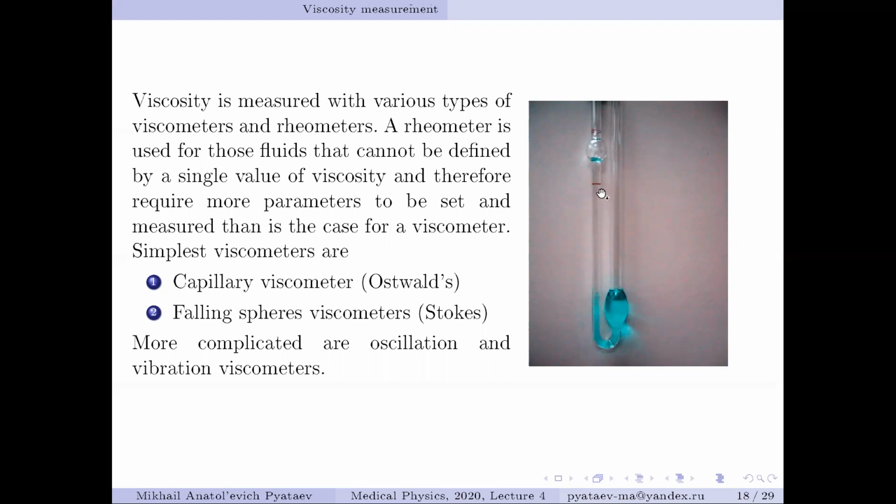It is based on a capillary, a very thin tube, which is located in this part. If we pump this liquid into this part of the viscometer, actually, usually we need to pump some more liquid, so the liquid appears here, and then let it flow down by the force of gravity, and measure the time of its going from this point to that point.